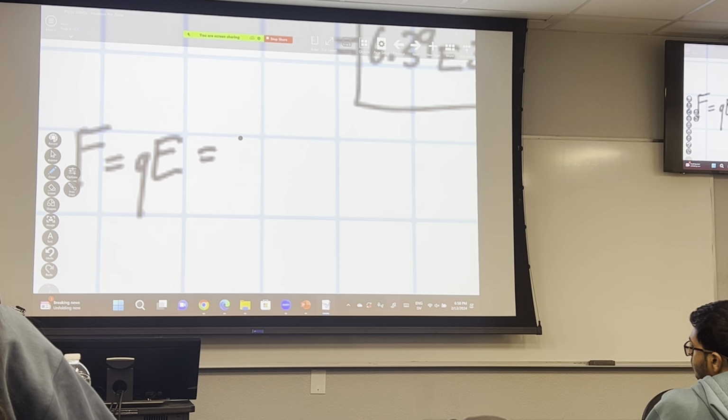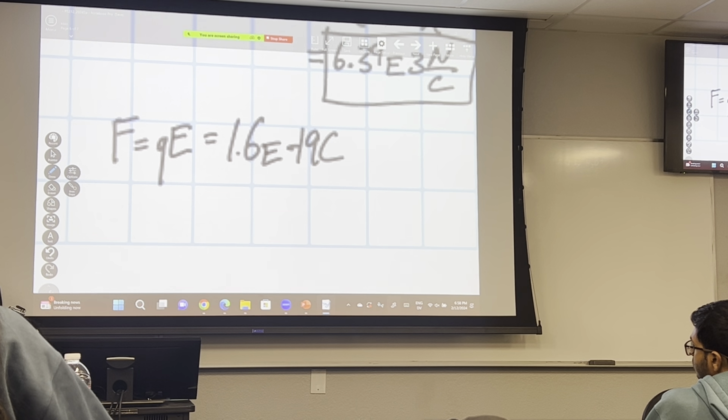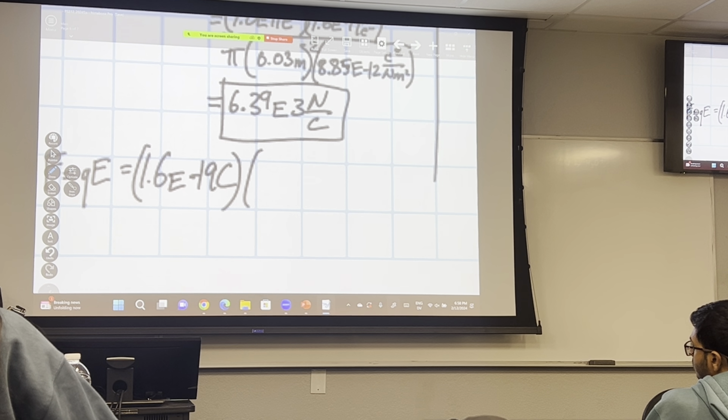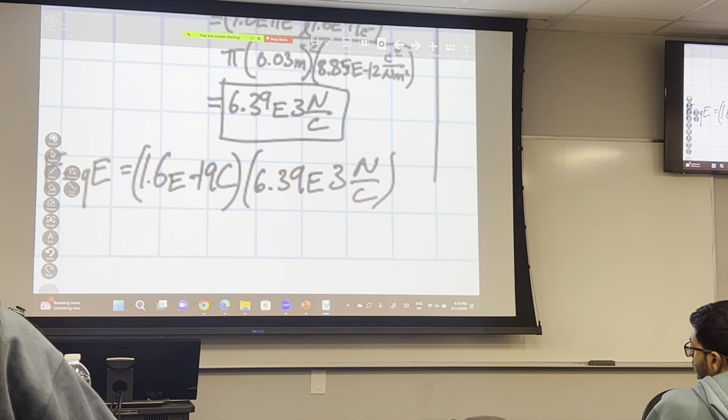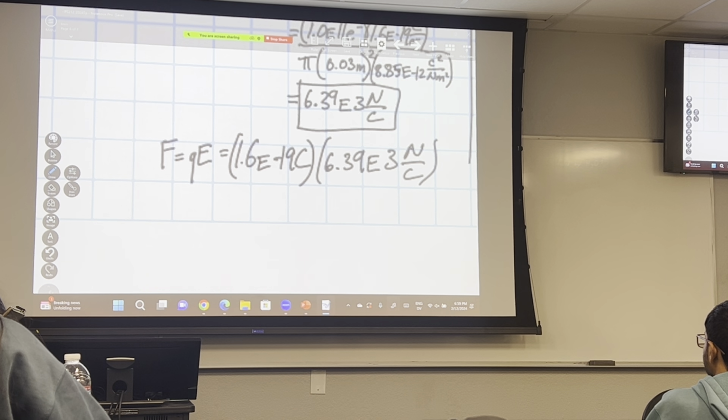So the charge of an electron, it is in your handbook, 1.6 times 10 to the negative 19 coulombs, times the electric field, which we just computed, 6.39 times 10 to the third newtons per coulomb. Can somebody calculate this number for me?